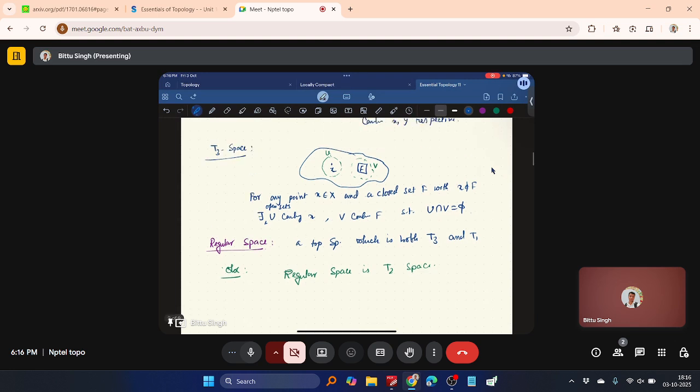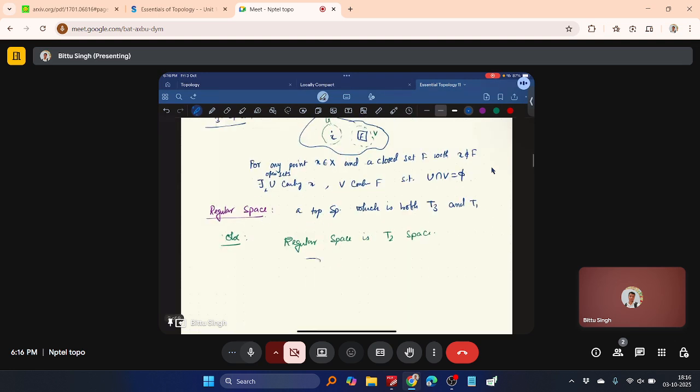And what is the property of T1? T1 means for any two distinct points, there exists one open set U which contains that one point and does not contain another point.